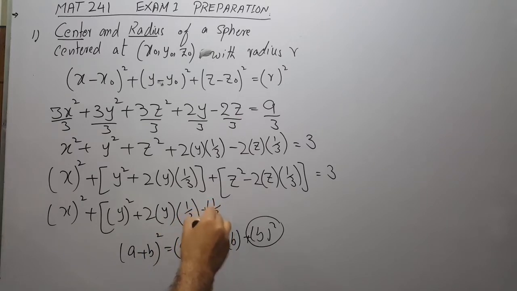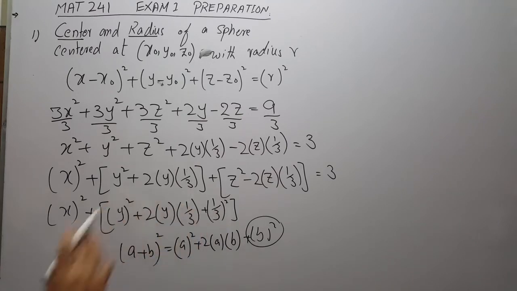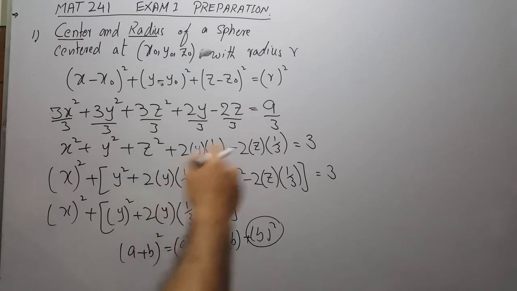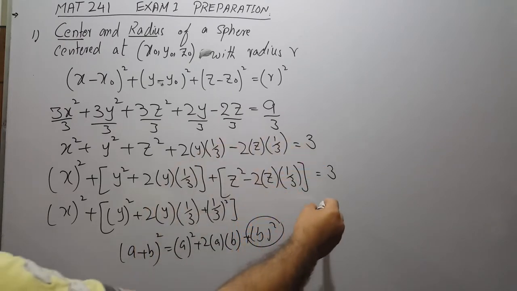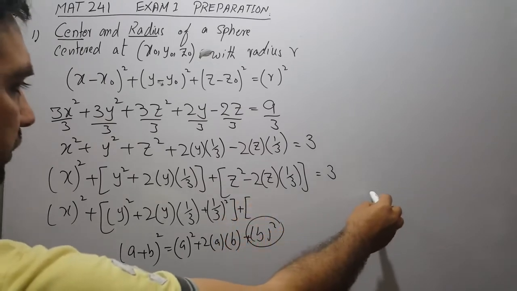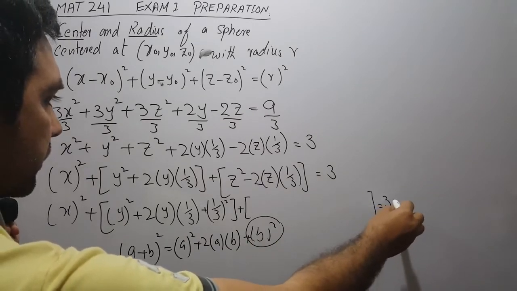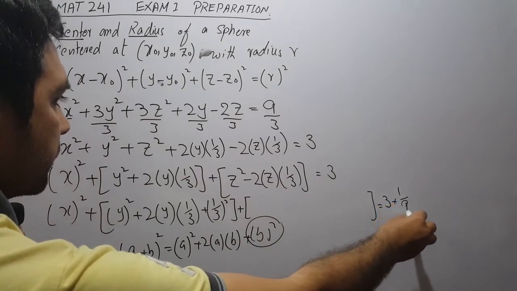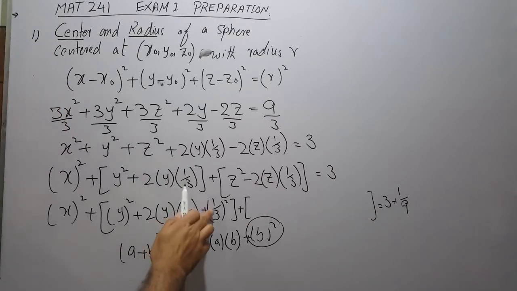So we will add the square of this term, and similarly, if we add it on the left side, you have to add the same thing on the right side. So 3 plus 1 over 9. The square of 1 over 3 is 1 over 9.